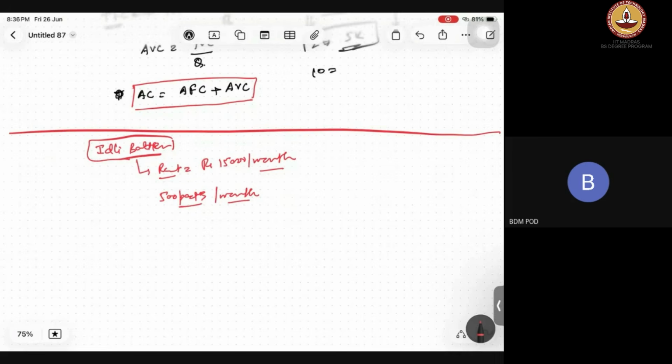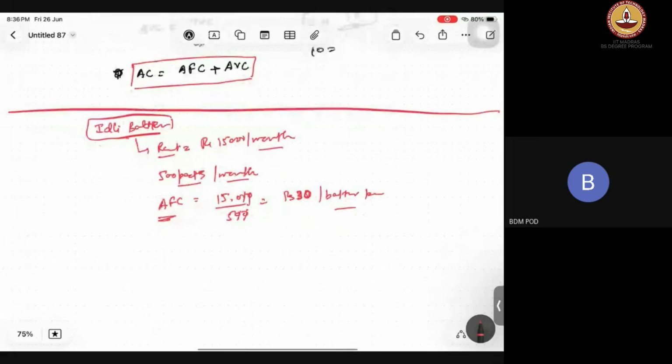So what is your average fixed cost? 15,000 is your rent and they are producing 500 packets. So rupees 30 per batter packet is your average fixed cost.